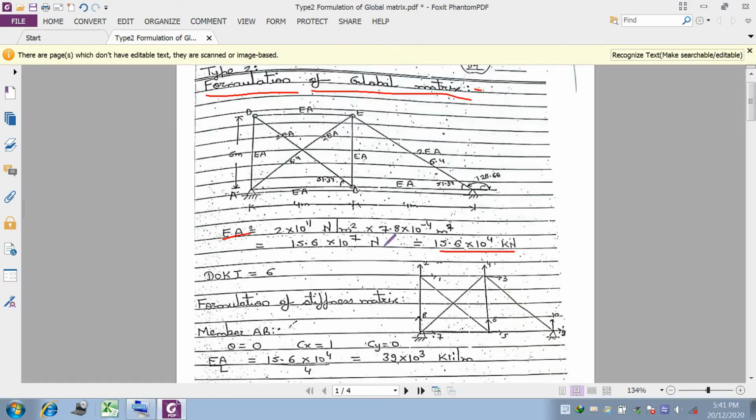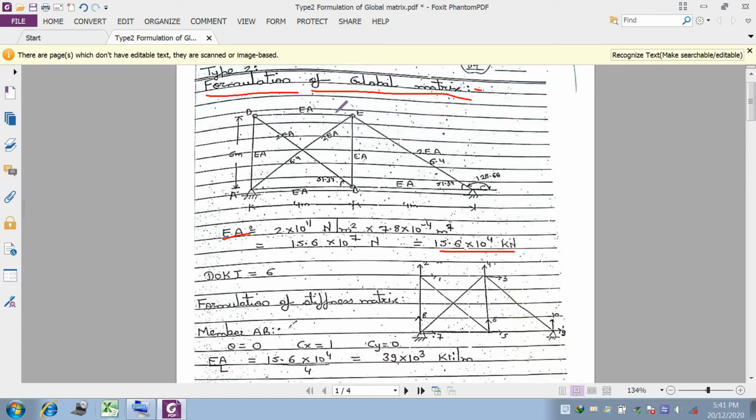Now the important part is how to check on which nodal point you have to calculate the degree of kinematic indeterminacy.